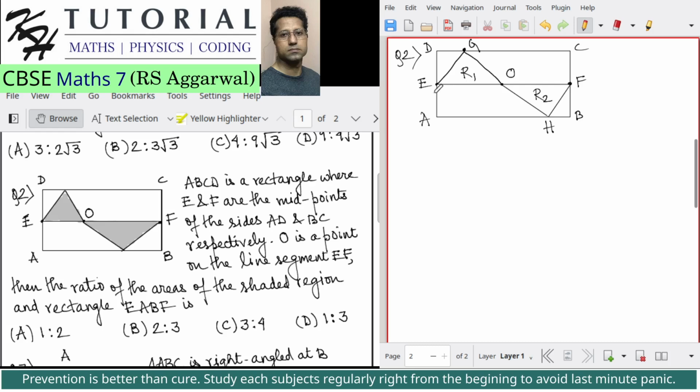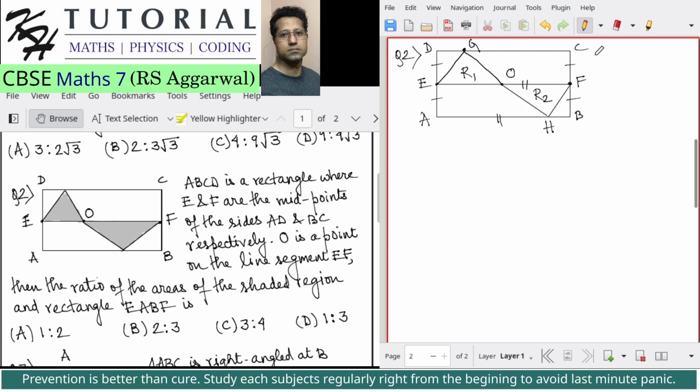EABF. Now clearly, since E and F are the midpoints of the sides AD and BC, we will have DE equal to EA, and also CF equal to FB. Also EF is equal to AB.